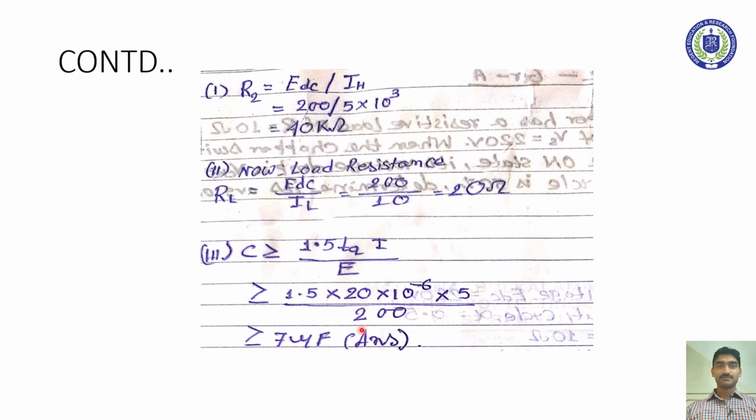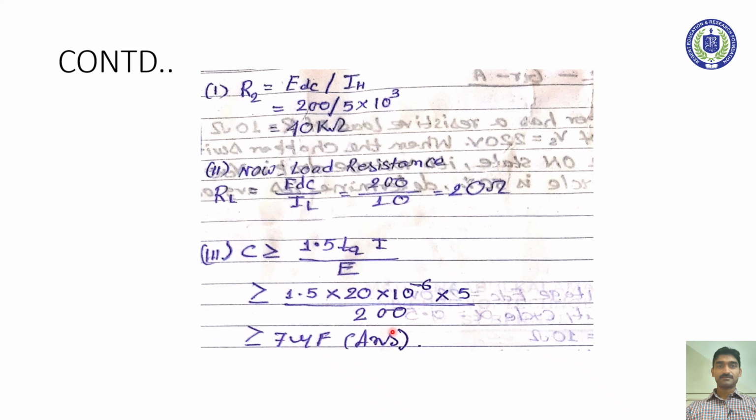Next one is C, the capacitor, the amount of capacitance required for this example. Now C should satisfy the condition: C is greater than or equal to 1.5 TQ by E, if such conditions arise.